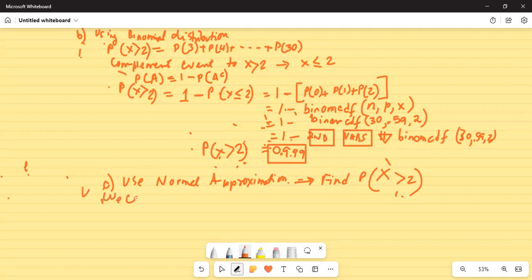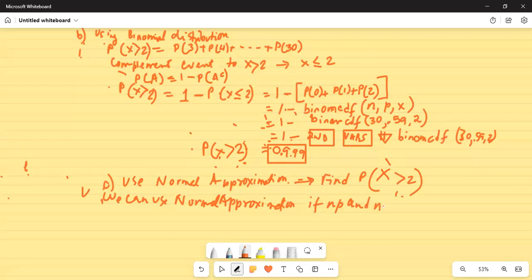We can use normal approximation if n times p and n times 1 minus p are both greater than or equal to 10.